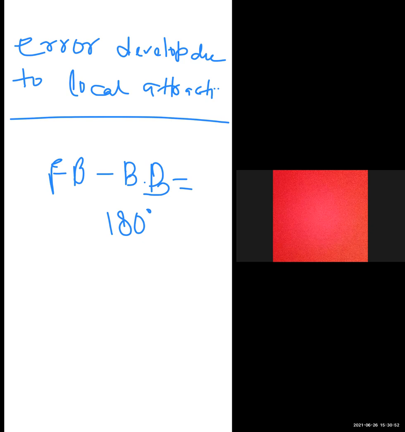The error formed due to local attraction is shown by drawing a sketch of the observed and corrected bearing of the line at each station. The error will be negative when the observed bearing is less than the corrected one, and the correction will be positive, and vice versa.